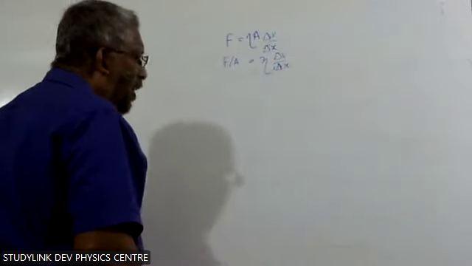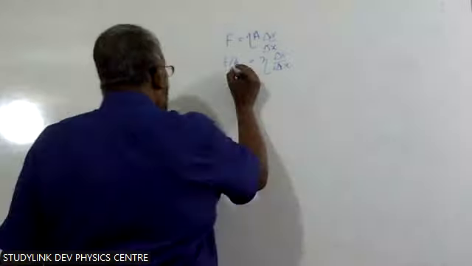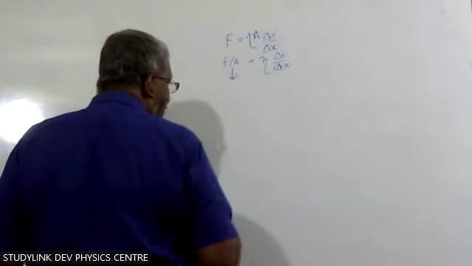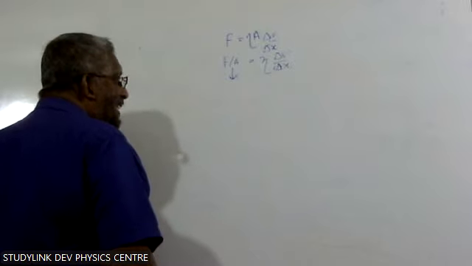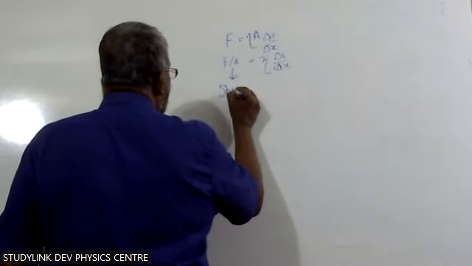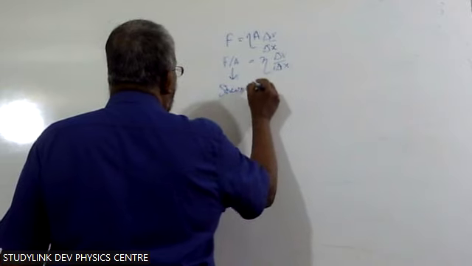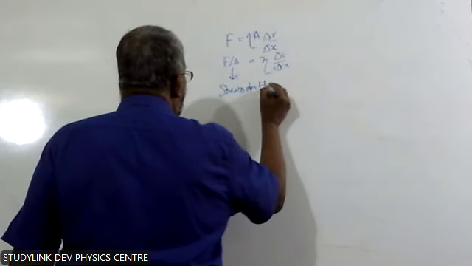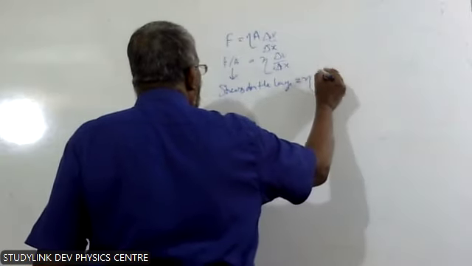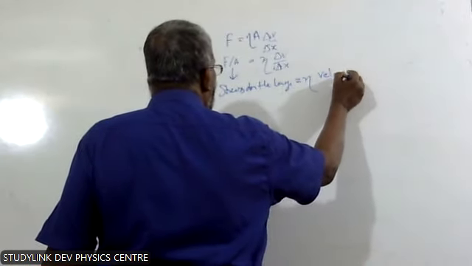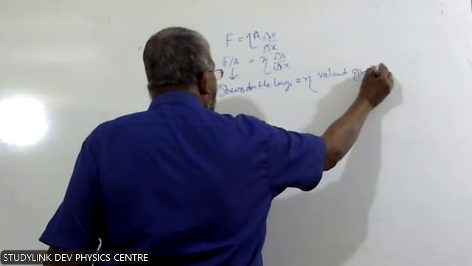Normally F over A, as in elasticity, is stress. Stress on the layer is equal to eta into velocity gradient.